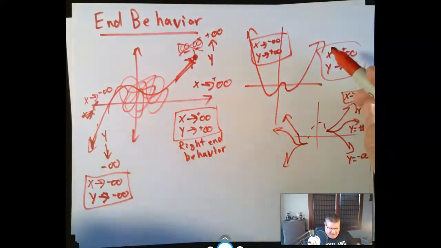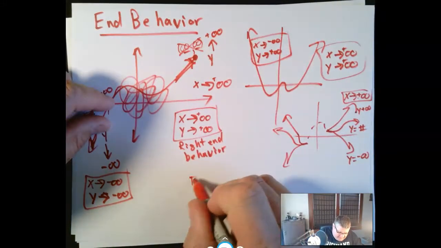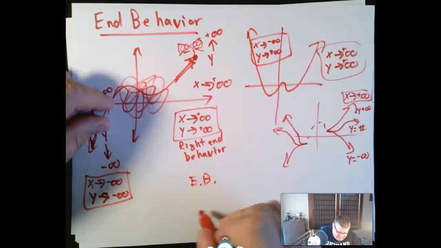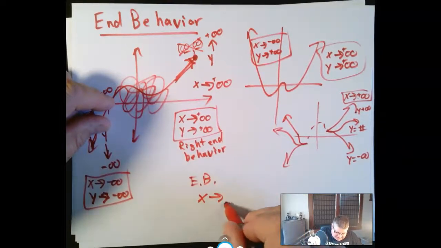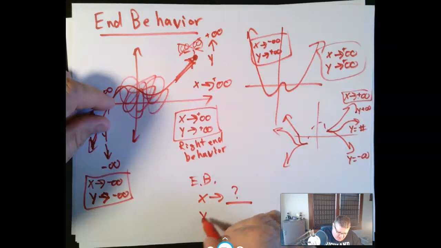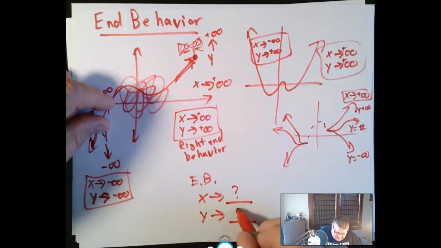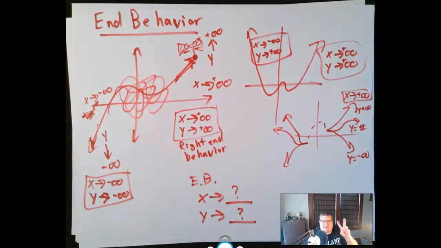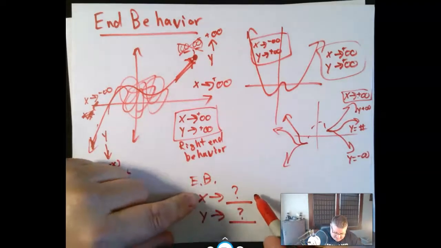So you have to list end behavior as x approaches something and y as it approaches something else. Just like a point, there are two parts. So we want to make sure that we're listing those separately.